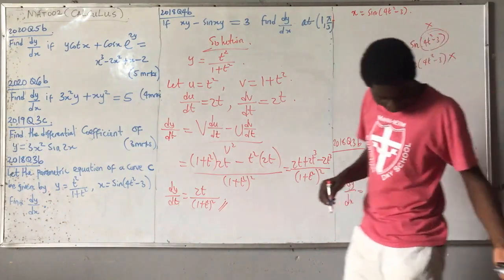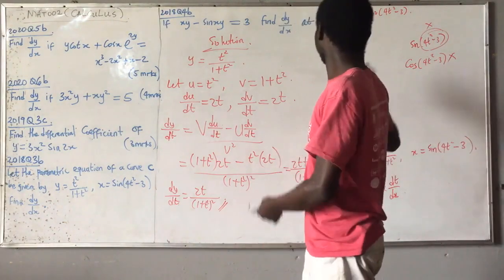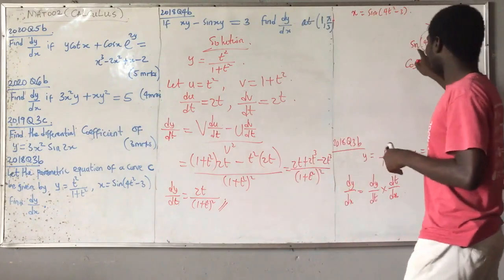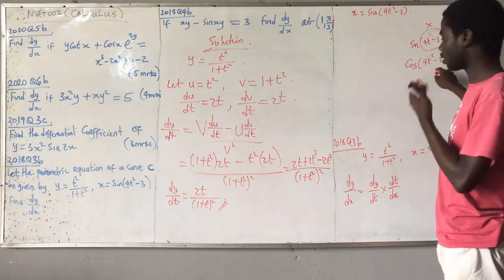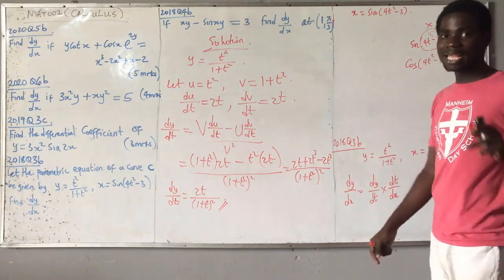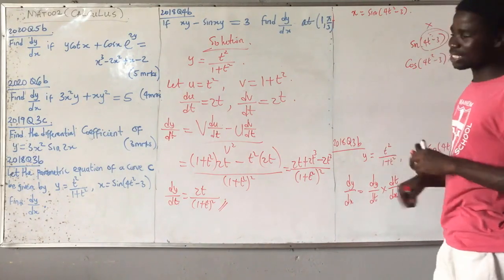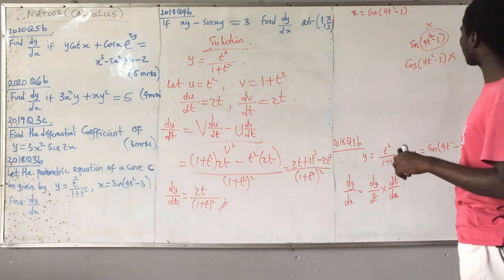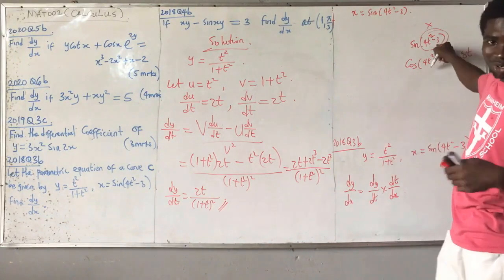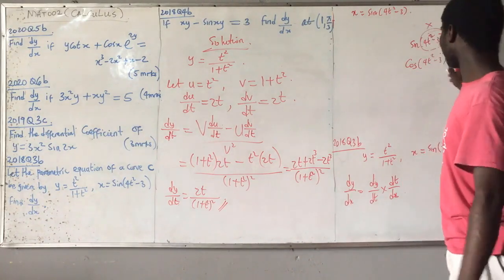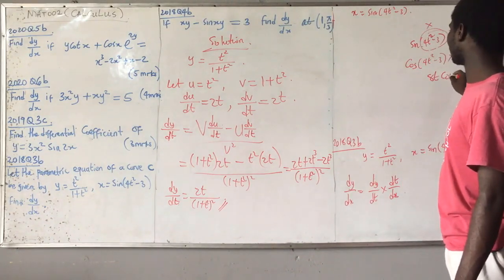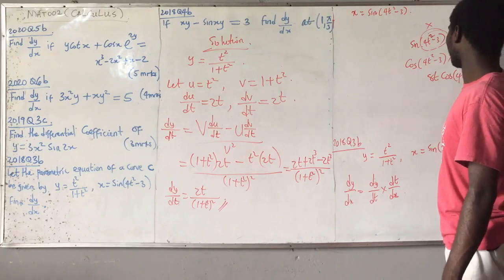Don't forget we are differentiating with respect to t. So differentiating sine gives cos of 4t squared minus 3, multiplied by the derivative of what is inside. If you differentiate 4t squared, you have 8t. Differentiate a constant, you have 0. It's just like differentiating 4s squared. So the answer will be 8t cos(4t squared minus 3).